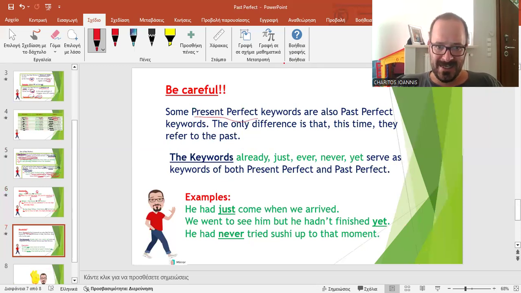For example, he had just come, first he came, when we arrived, then we arrived. So just, that is a keyword of past perfect, again stresses the same idea that the first action happened, had come, past perfect, and then another followed. Yet, we went to see him, but he hadn't finished yet, right? And he had never tried sushi up to that moment. That up to that moment is the idea of a second action, if you remember.